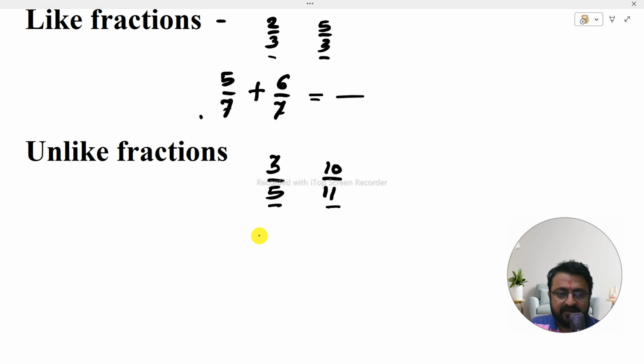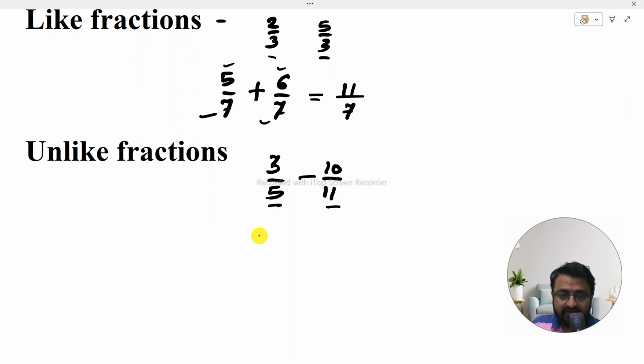For example, 5 by 7 and 6 by 7. We can add them directly without doing any LCM method because the denominator is common and that is 7. Now add 5 and 6 directly, so you will get your answer 11 upon 7. So now you can see it is very simple.